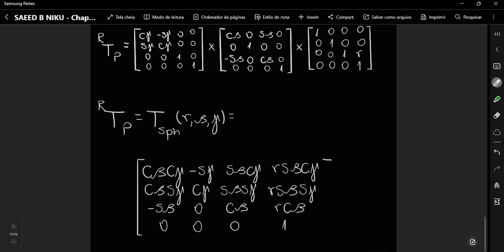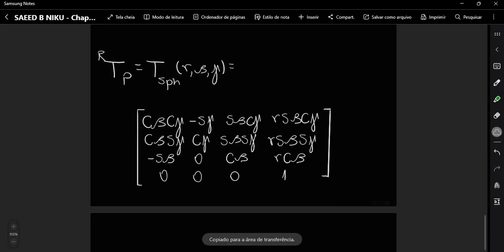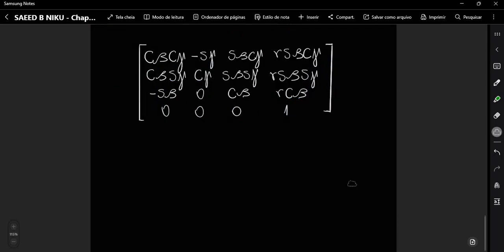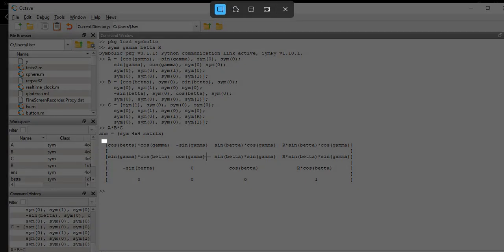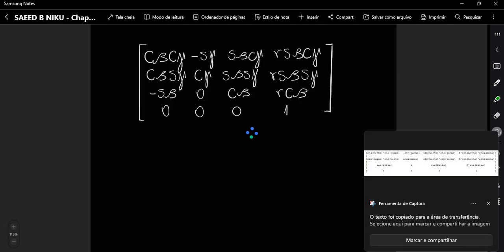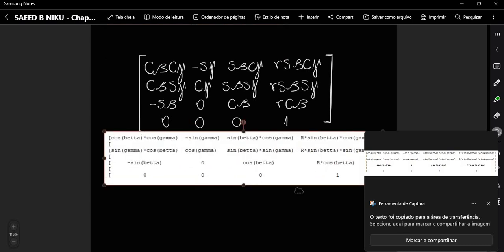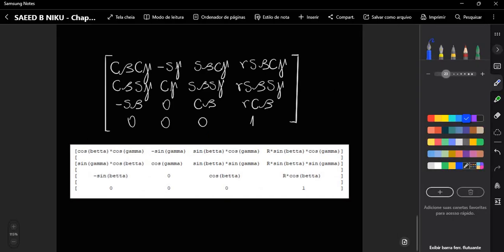Okay, and now I'm going to take a screenshot from the Octave screen and compare with this. Okay, let me bring it here.